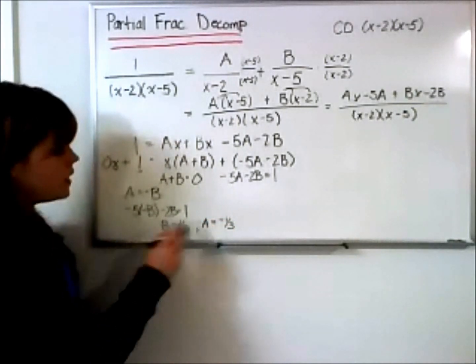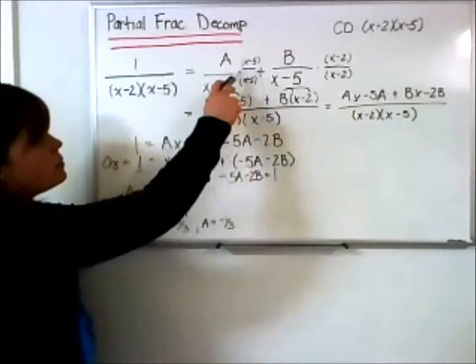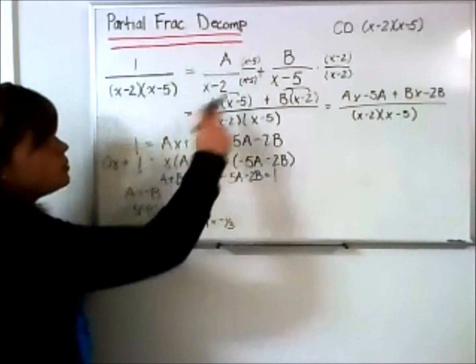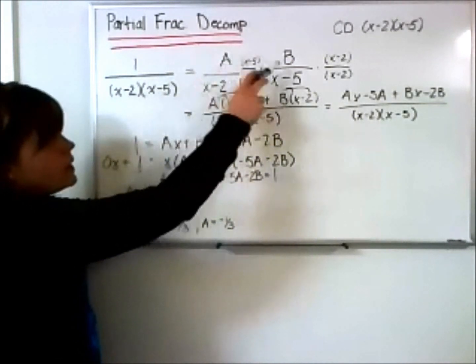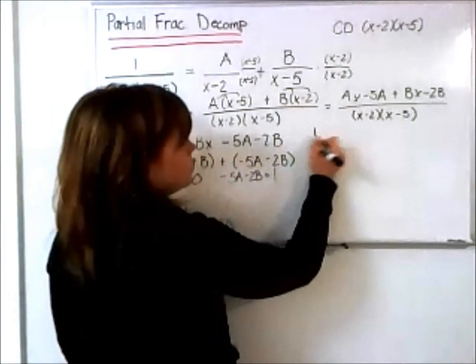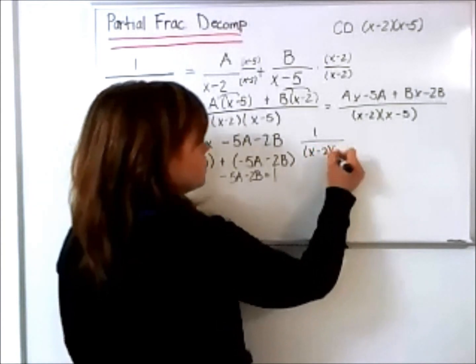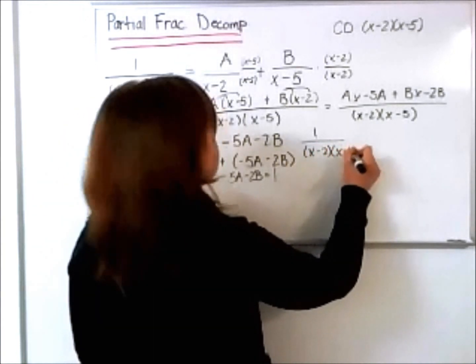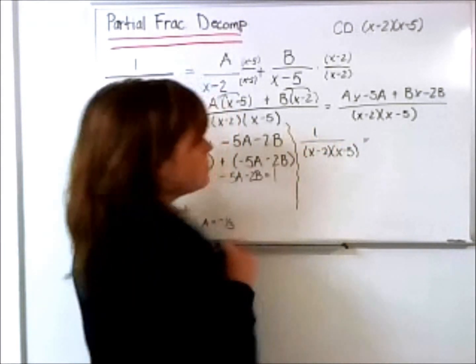So, we found our A and B, which means that if we go all the way back up to this original place where we were splitting this fraction and wanted to find A and B, this tells us that we do the decomposition. Okay.